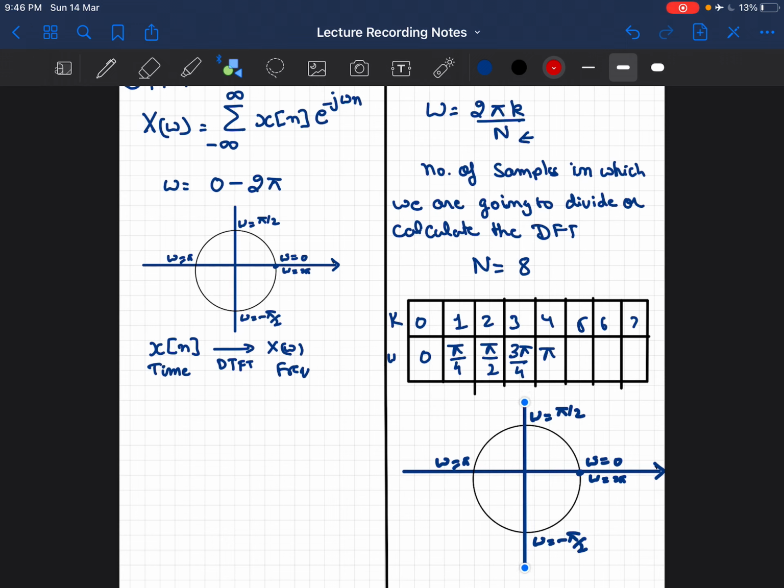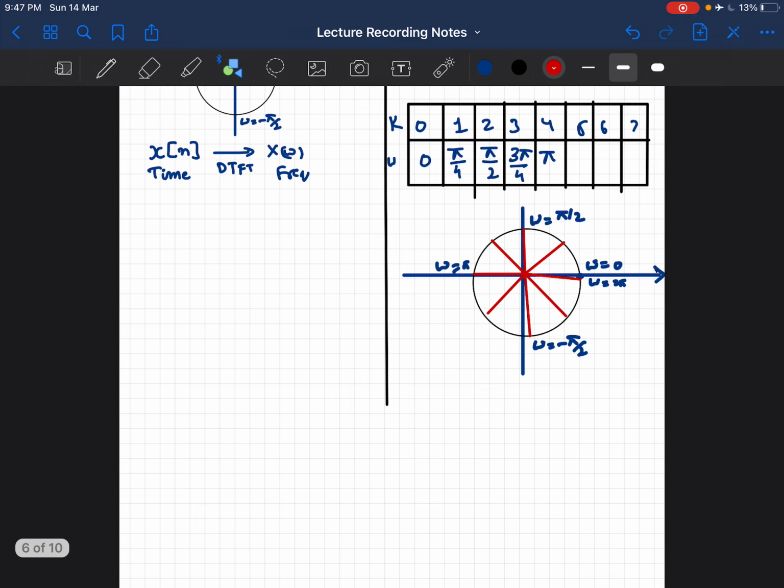My first sample will be at omega equals 0. My second sample will be at omega equals pi by 4, third sample at omega equals pi by 2. So basically I've taken the samples of omega and I've recovered back my DFT.